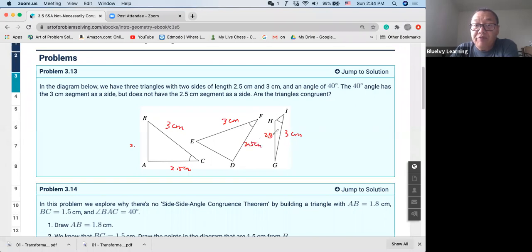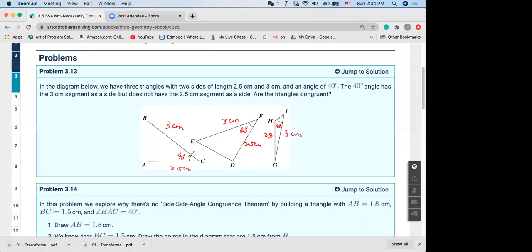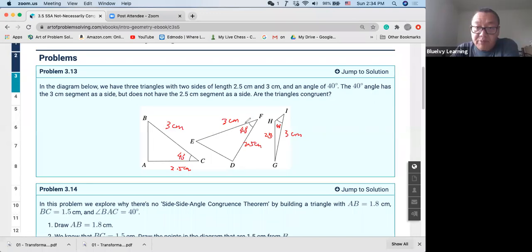Now let's see, if this angle equals 40 degrees, this one is 40 degrees, and this side is 3 centimeter, this one is 3 centimeter, this side 2.5, this one 2.5, then these 2 triangles are congruent, right? Because we can use SAS to guarantee these 2 triangles are congruent.